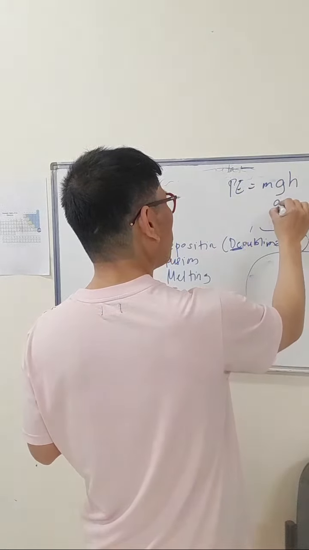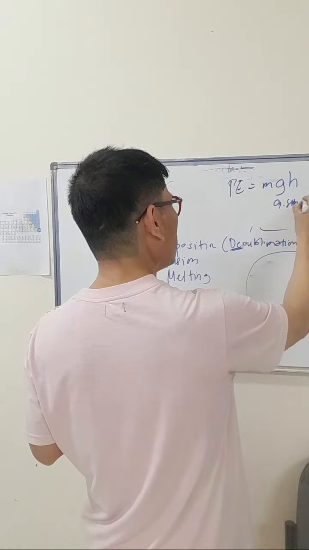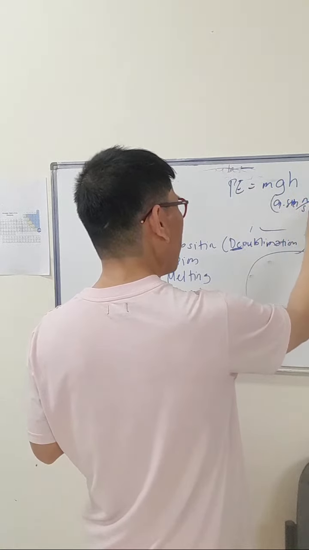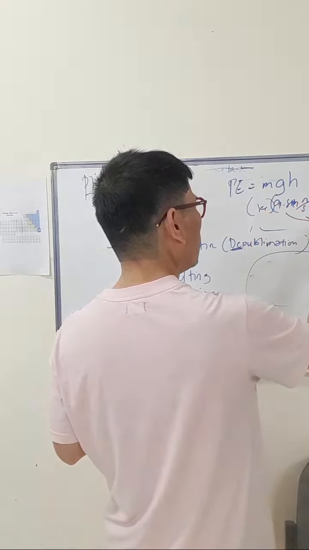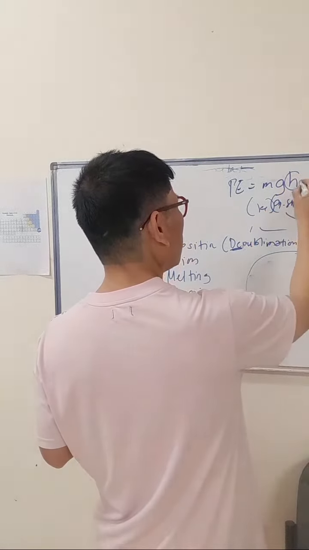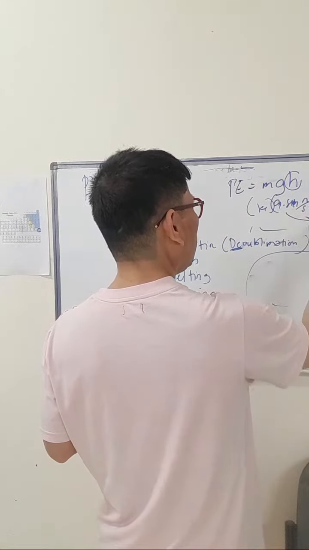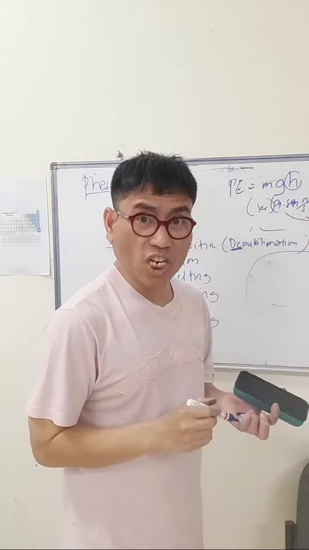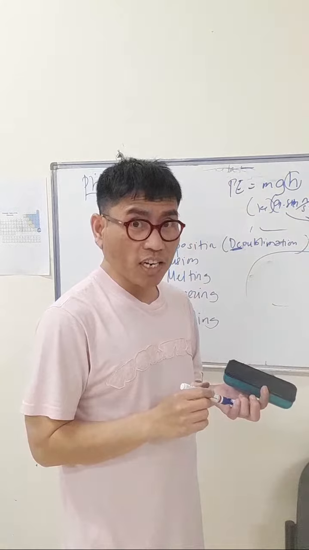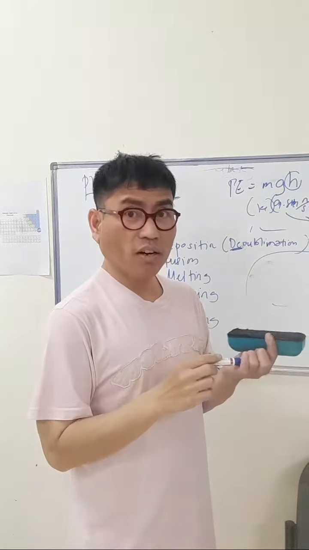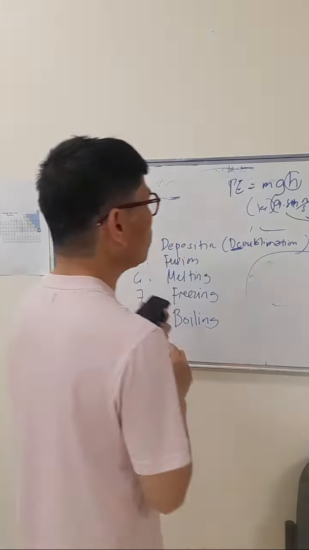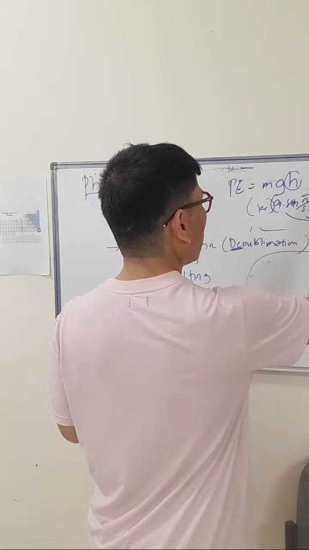So 9.81 meter per second squared, and the mass in kilograms, so that it will become Newton, right? And the height will be meter. And Newton meter is the unit of energy, and potential energy is an energy. That's why Newton meter. So the Newton here is very important.